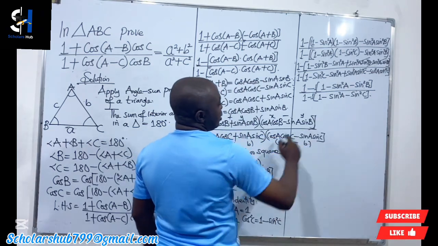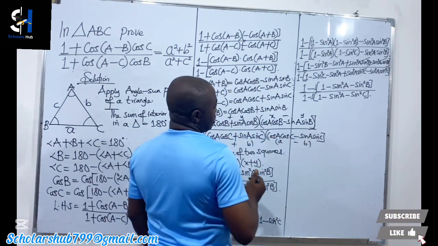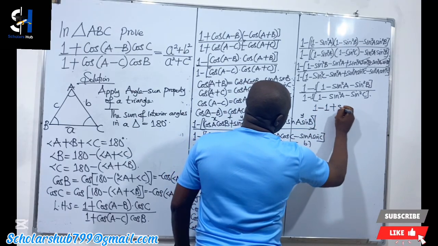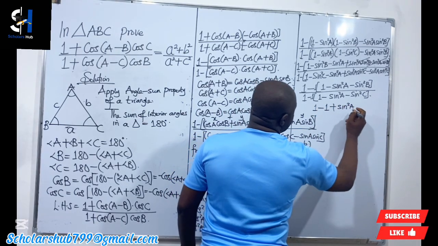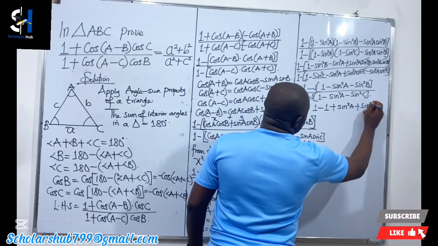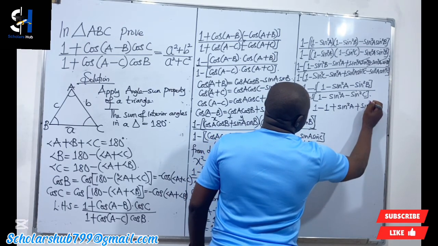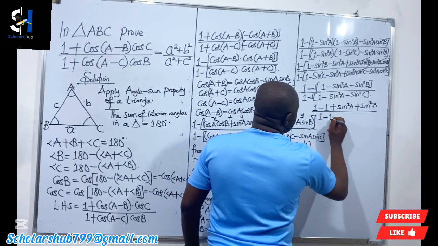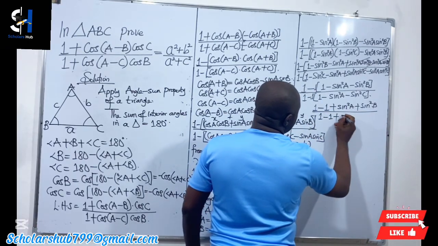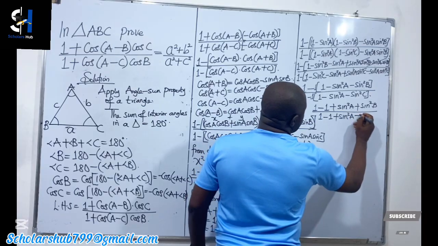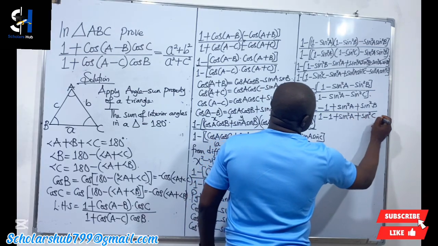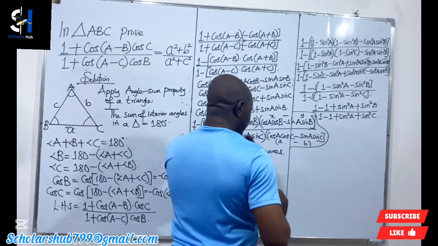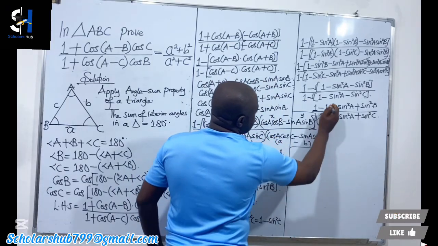multiply everything within the bracket, we're going to have 1 minus 1 plus sine squared A plus sine squared B, divided by 1 minus 1 plus sine squared A plus sine squared C. All right, so 1 minus 1, this will be 0.